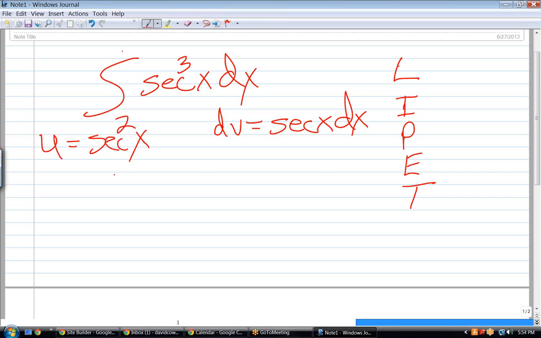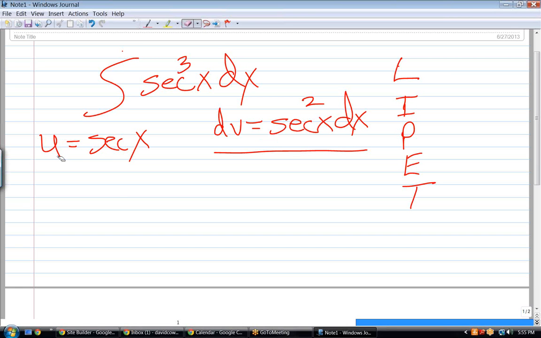And the reason I would do that is because this integrates very nicely. Only I got it backwards. This should be secant squared here, and that should be secant, because the integral of secant squared is tangent.